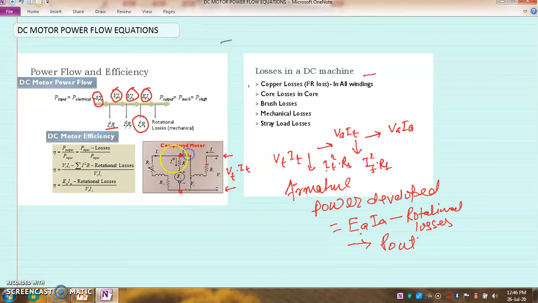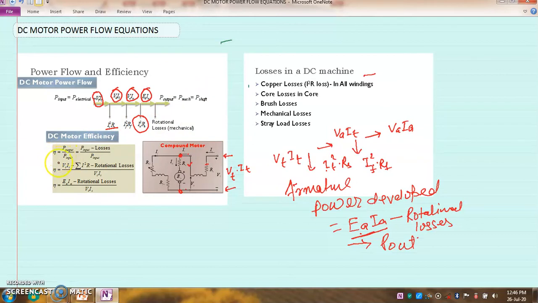Subtracting the shunt field power loss, IF square into RF, we get VA multiplied by IA, and from this IA square RA is subtracted, giving the armature power developed. From the armature power, if you subtract the rotational losses, you get the output power, which is the mechanical power.